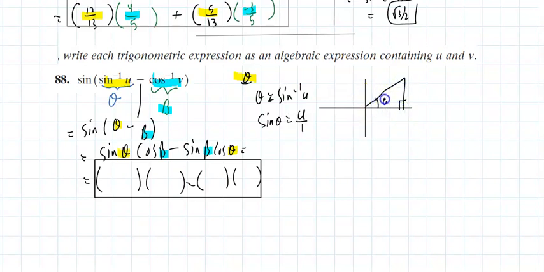Unless they state otherwise, I'll assume it's positive, and that's going to be the case all the time for us. And I know this is the opposite over the hypotenuse. If I use the Pythagorean theorem, this will be the square root of 1 minus u squared. Out of that, I need a sine and a cosine. Sine is the opposite over the hypotenuse, and cosine is the adjacent over the hypotenuse.